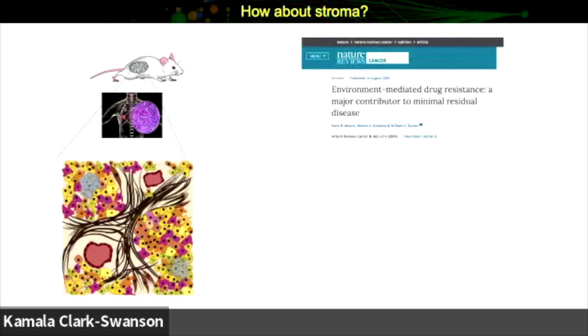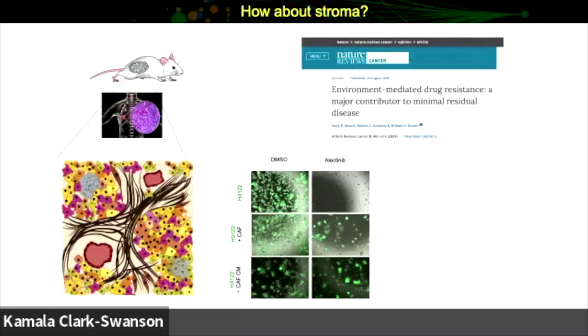Bob Gatenby was one of the early visionaries who co-authored a paper that pointed out an observation, which is now fairly well accepted in the field: if you co-culture tumor cells with fibroblasts or their conditioned media, you can get a remarkable protection against most types of small molecule-based targeted therapies.